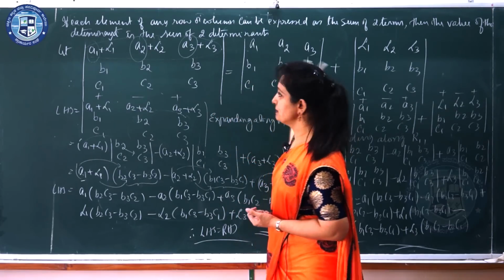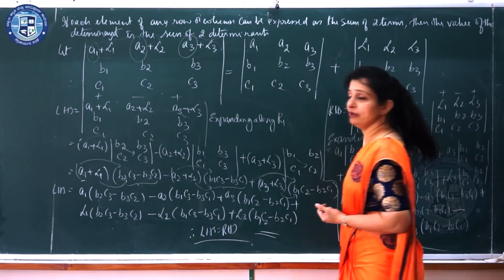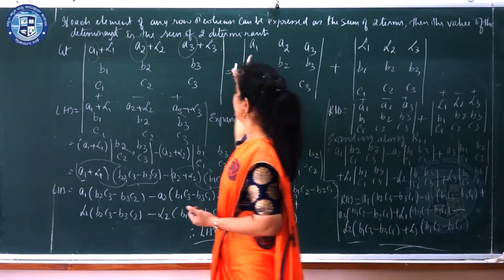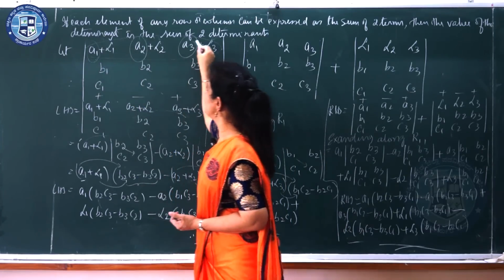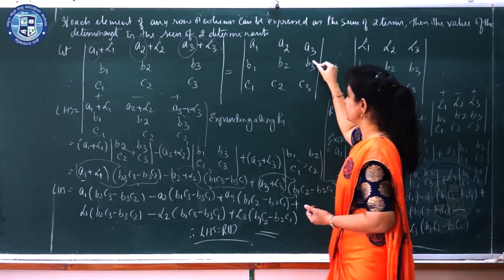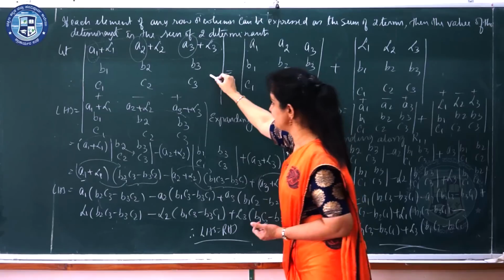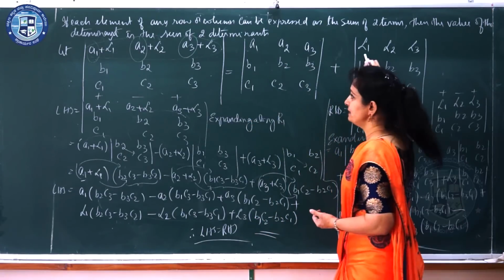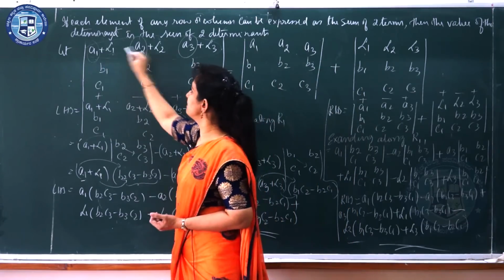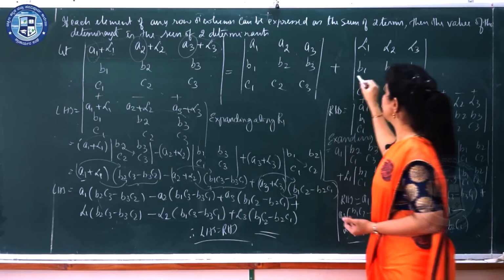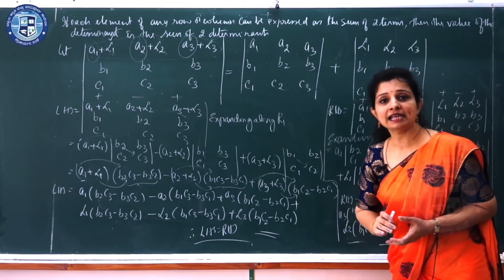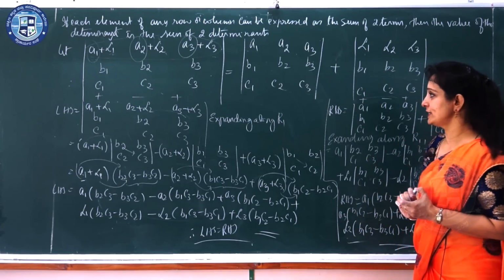It can be represented as a sum of two determinants, where the first determinant is taken with the first elements only, A1, A2, A3, and the second and third rows are the same. The second determinant takes the next elements, alpha 1, alpha 2, alpha 3, and the second and third rows are exactly the same as LHS.